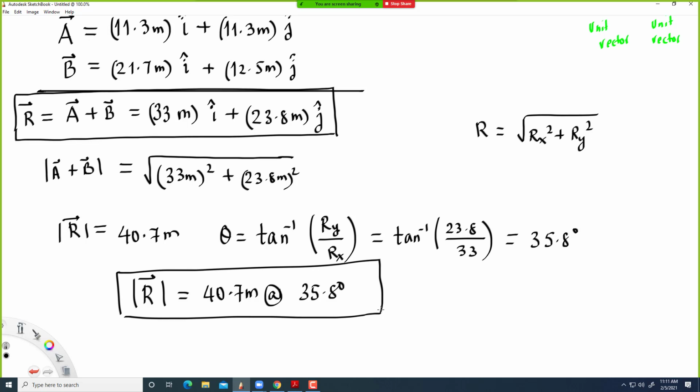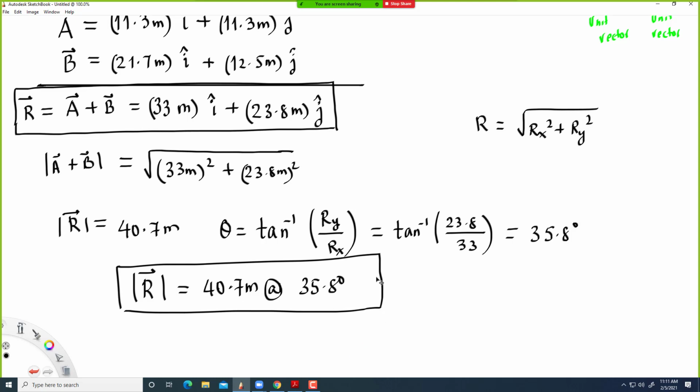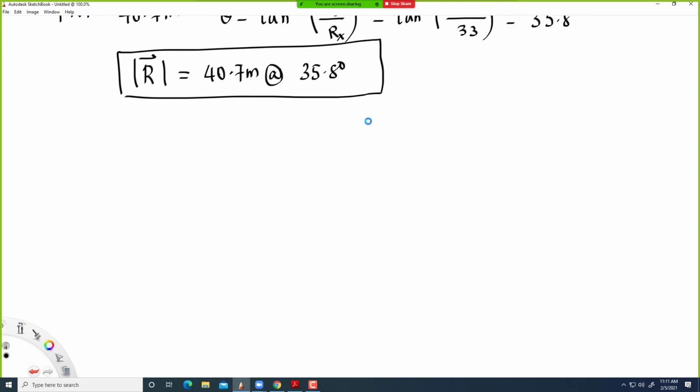A bird flies 100 meters due east from a tree, then 200 meters northwest, that is 45 degrees north of west. What is the bird's net displacement? Okay.